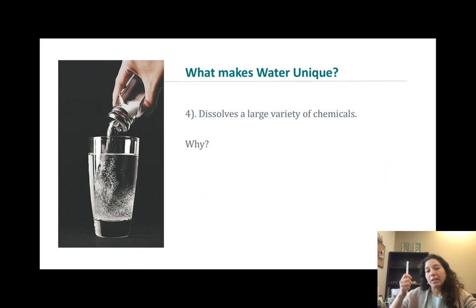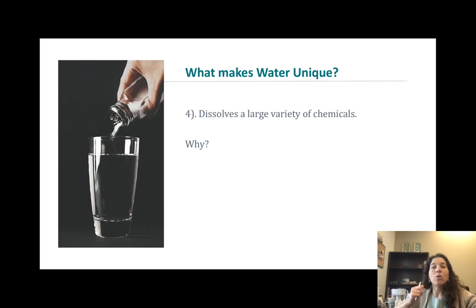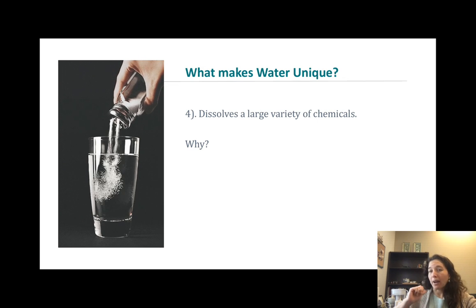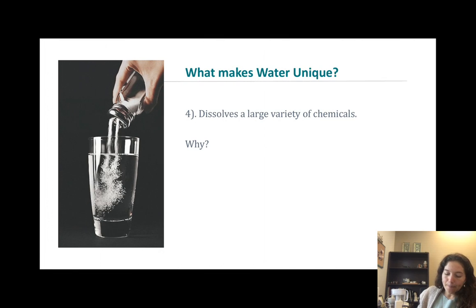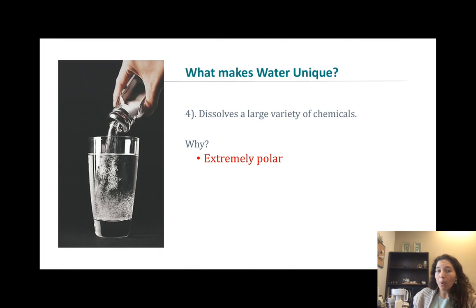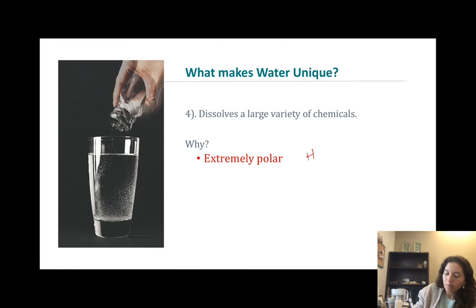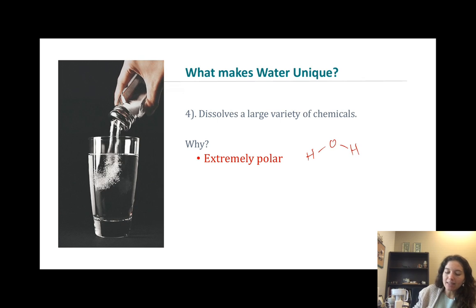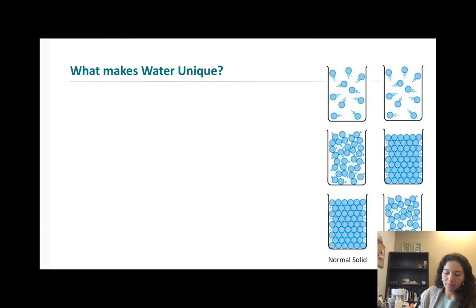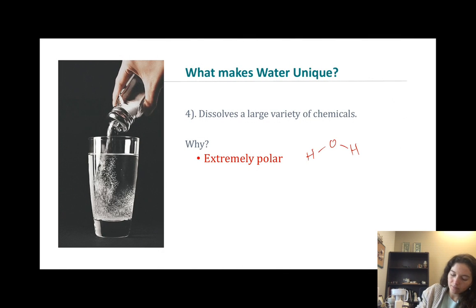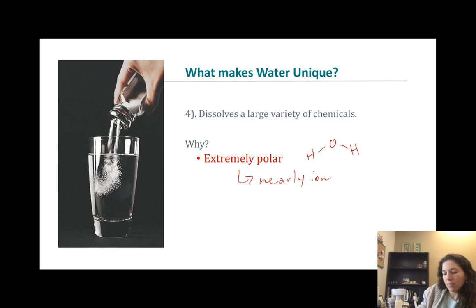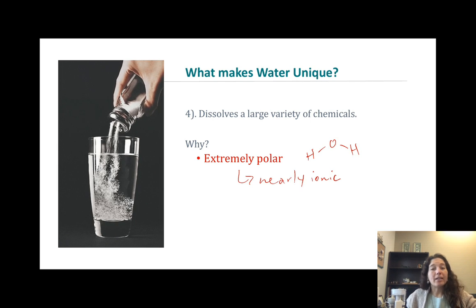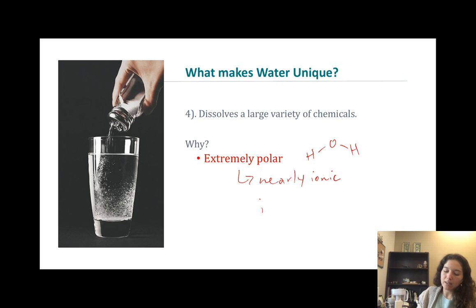The last property that we saw in this topic is that water dissolves a large variety of chemicals. It does this because it's extremely polar, it's nearly ionic, which lets it stabilize ions using this ion dipole force.